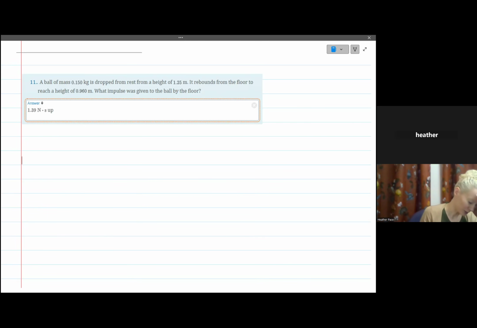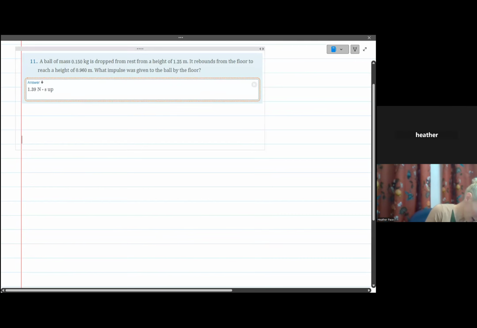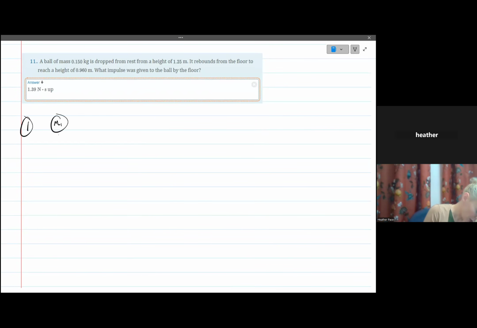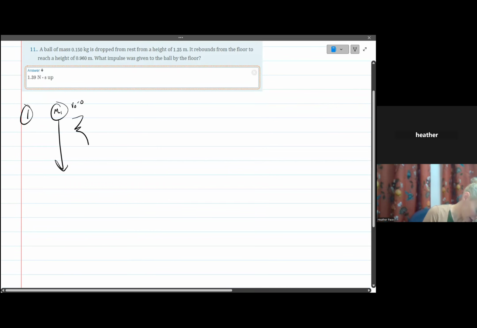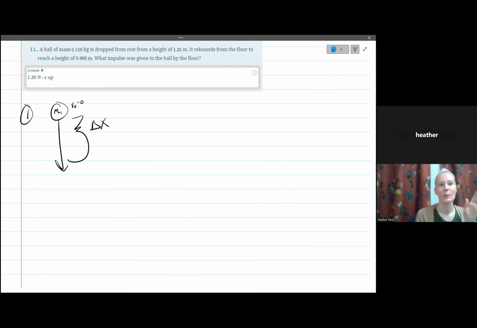Okay, so we start with a picture. Number one, picture. So we have a ball of mass M1. We drop it, so V naught equals 0, at a height of delta x. We could do delta y if it makes it simpler for you to see that it's up and down, and that's a y, that's fine. But since we only have one direction, I'm going to say delta x because that's what our kinematic equations say.